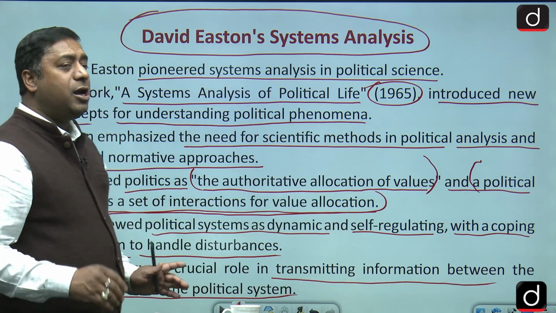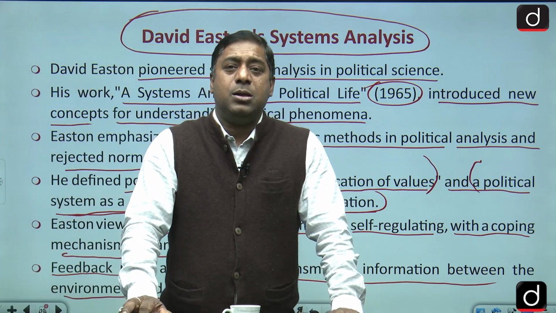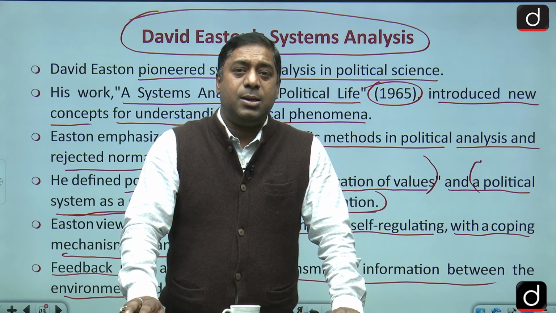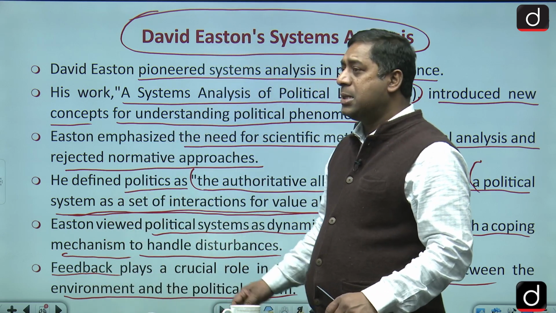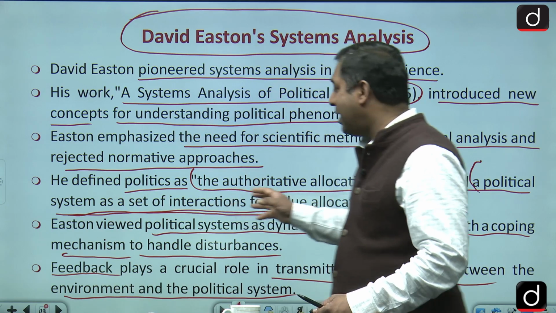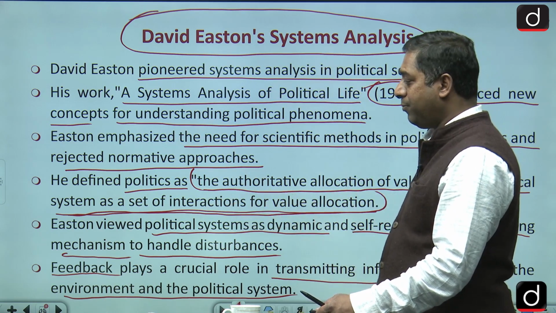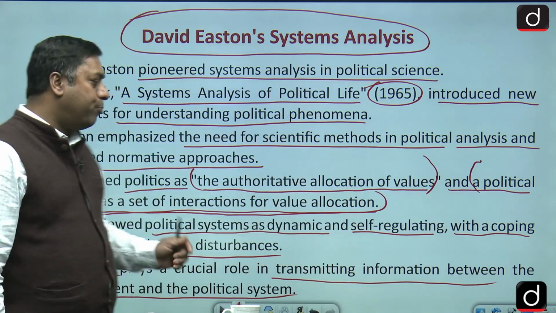Then he gives the definition of politics. He says politics is the authoritative allocation of values, and as such the political system is a set of interactions for value allocation. Then what are Easton's views about the political system?